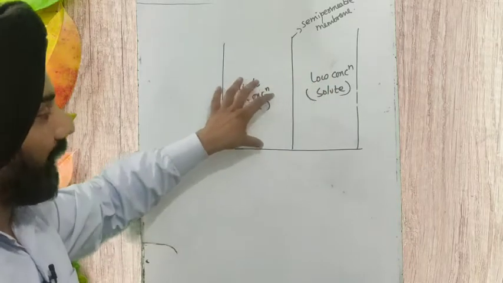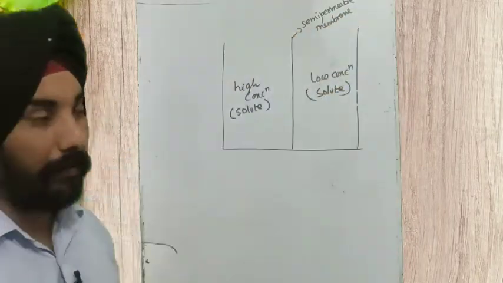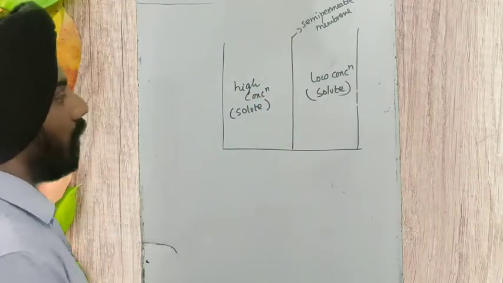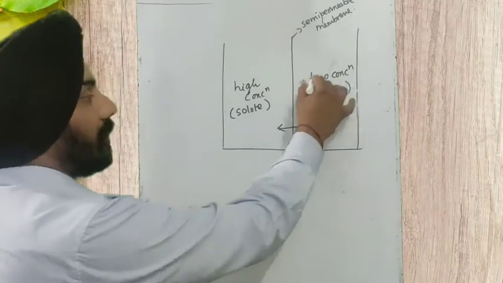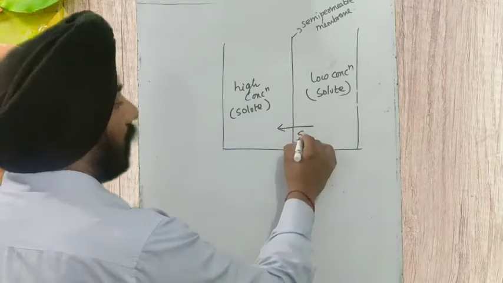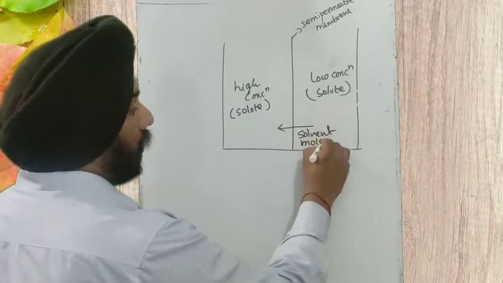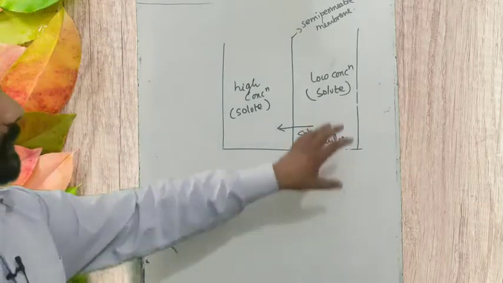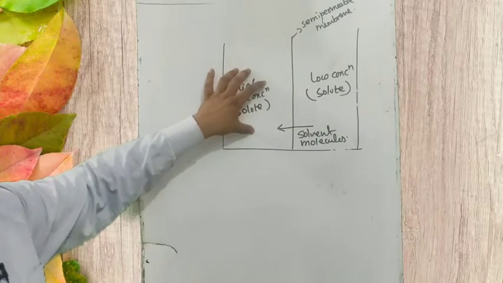When they are kept in contact, separated by a semi-permeable membrane which allows the solvent to pass through, the solvent molecules will start passing from low concentration of solute to high concentration of solute. So solvent molecules are passing from lower concentration to higher concentration of solute.